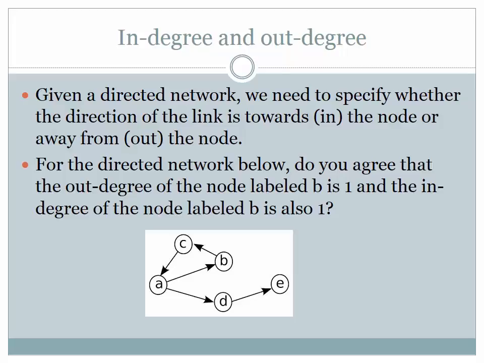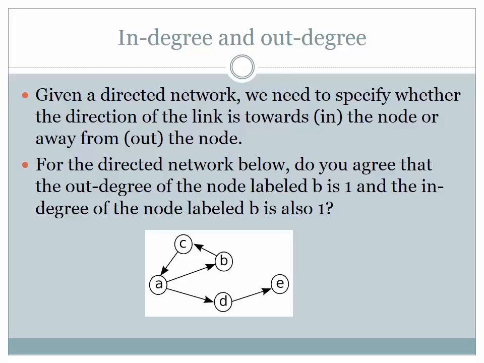Now, if the links have assigned direction, then we have to distinguish whether the link is pointing away from or pointing to a given node. So we partition the links into two classes and have in degree and out degree.